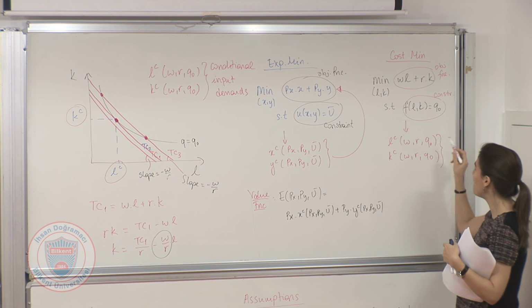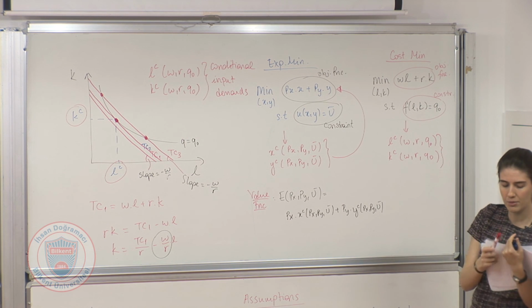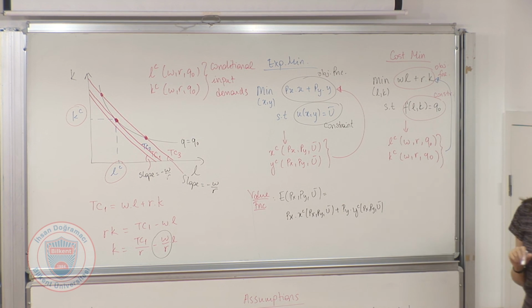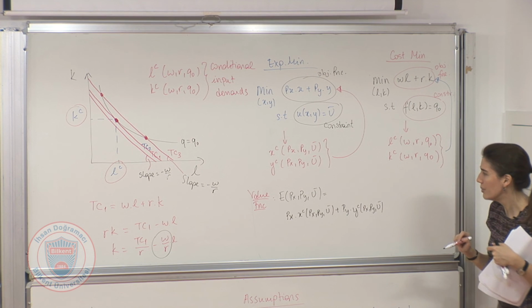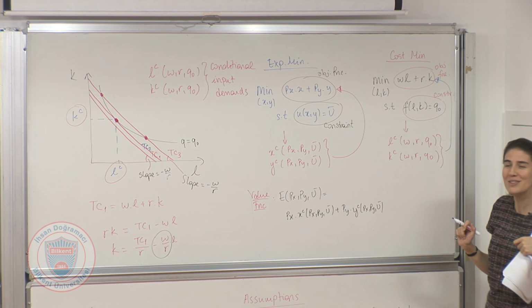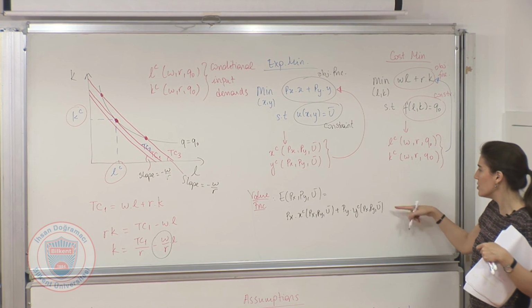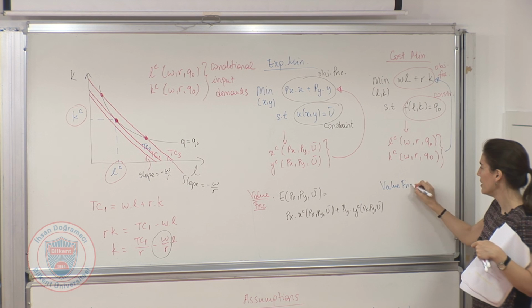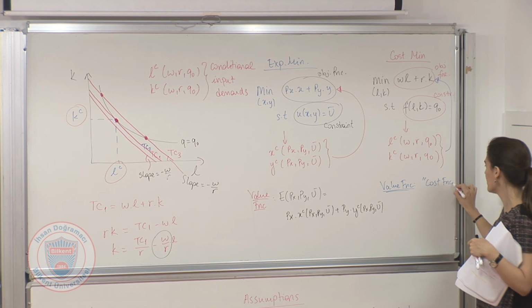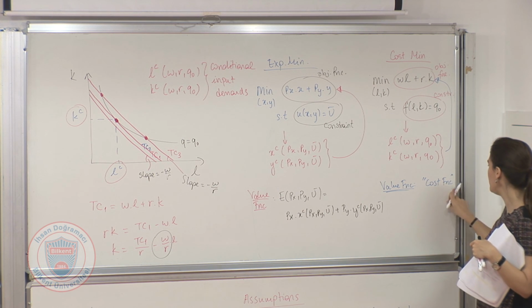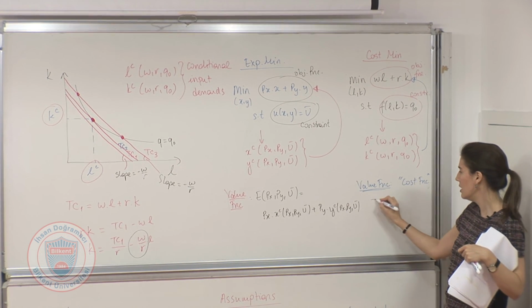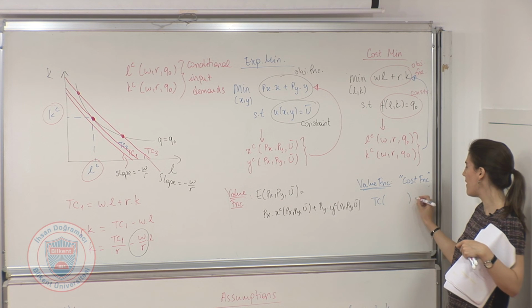Now, when I put them back into my objective function, and then we'll give the break, when I plug them in here, we're going to call this what? It's going to be called a cost function, okay? So the value function here is going to be called the cost function, and it's written as either TC or total cost, which is going to be a function of what?